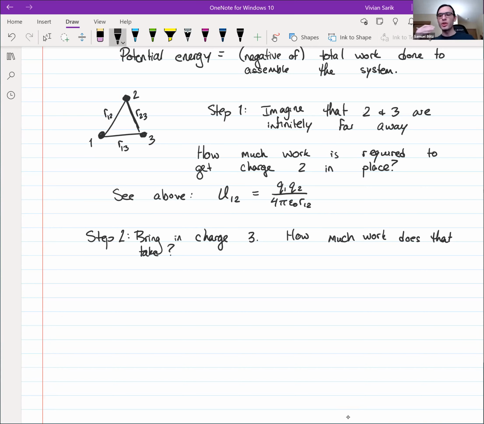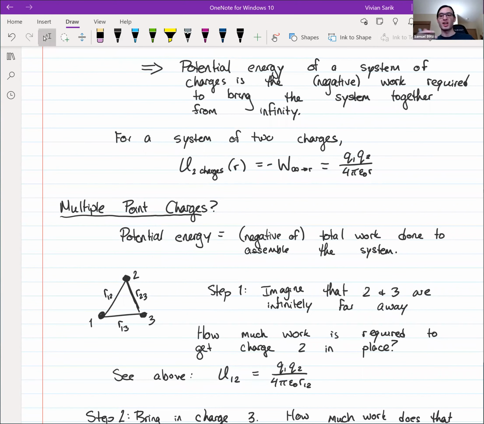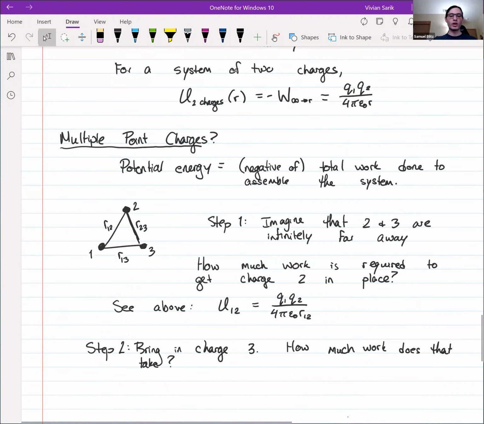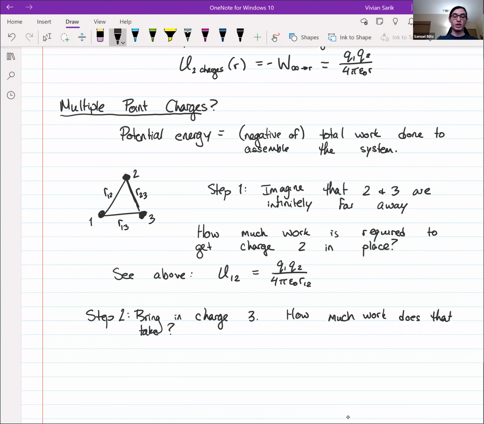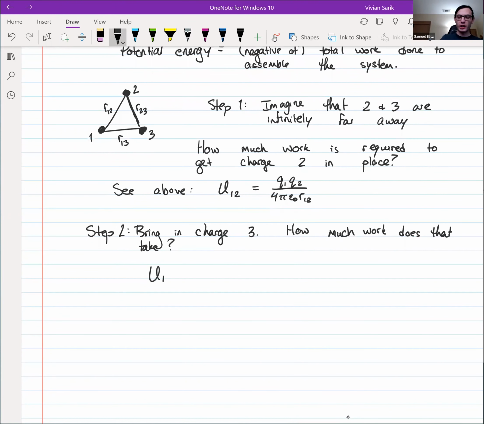We know that the electric field, and hence the force, and hence the work done, is additive. In order to bring charge 3 in, you're going to get some amount of work from charge 1, and some amount of work from charge 2, and then we can add those together.